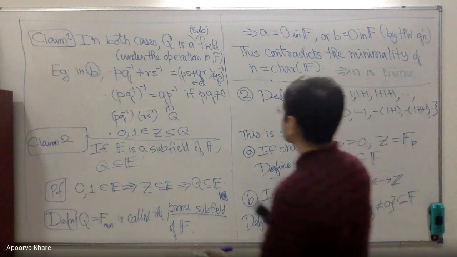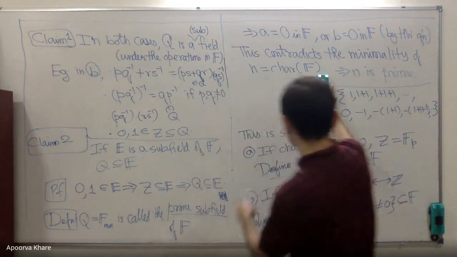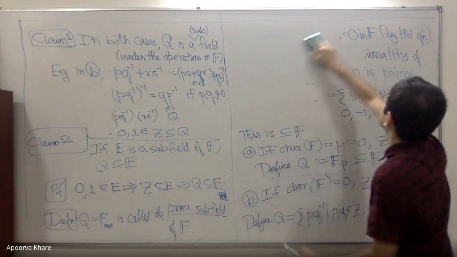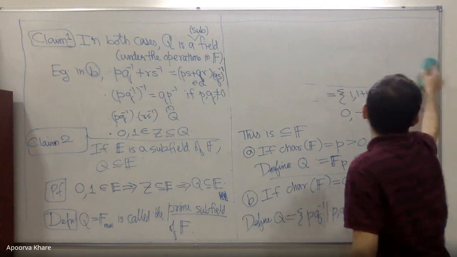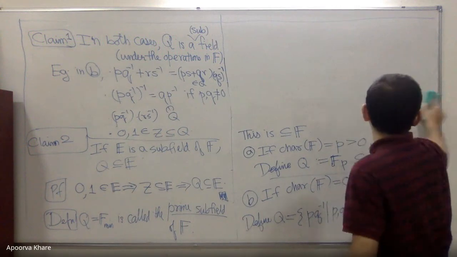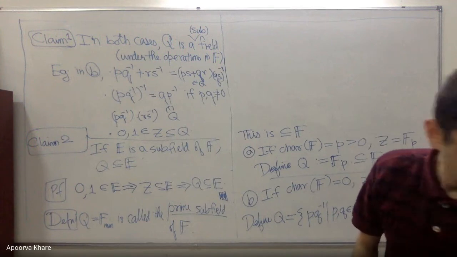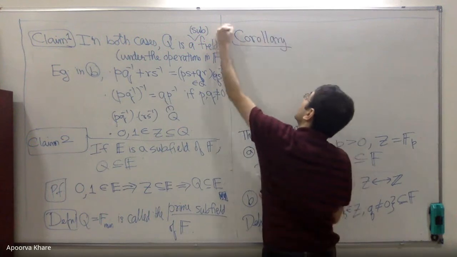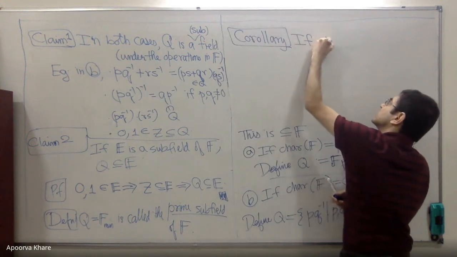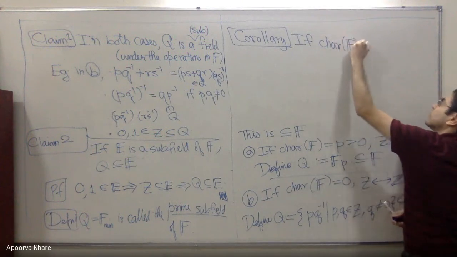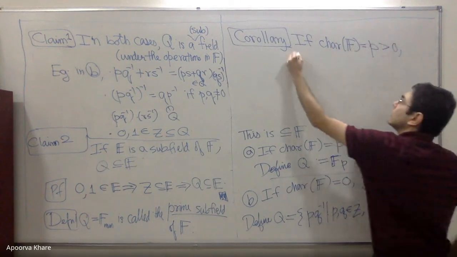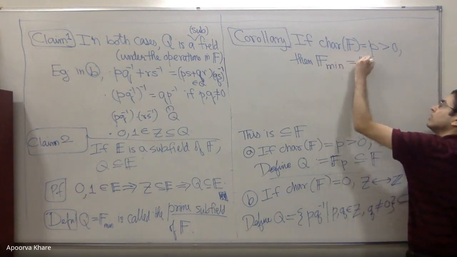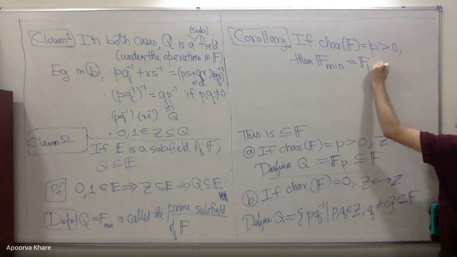So in particular, let me just summarize this part of it here. So therefore, as a corollary to this proposition, or this theorem, if the characteristic of the field is a prime P, then F min, the prime subfield, is literally the field with P elements, which is Z mod PZ.